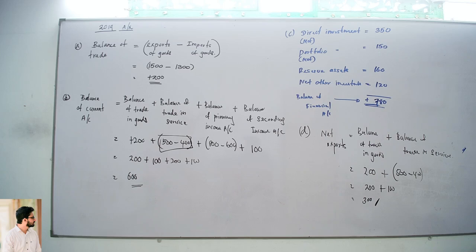No. Trade balance, services okay, primary income account okay. You can't add government and private capital transfers to the secondary income account. Capital transfers belong to the capital account. It's okay, you can make mistakes.